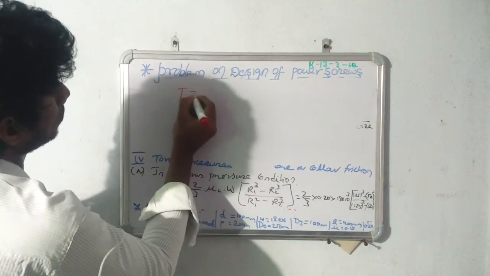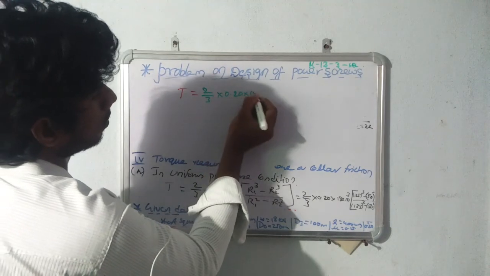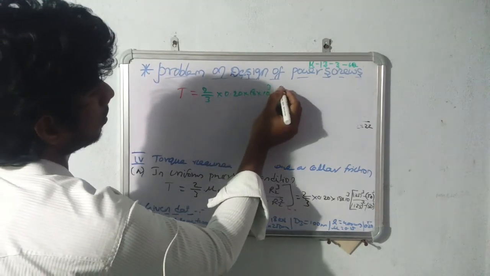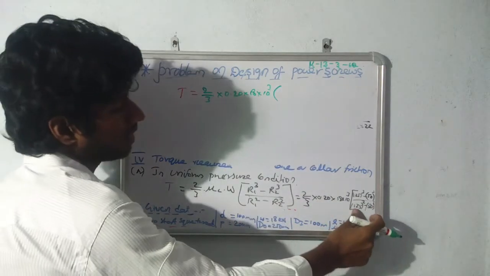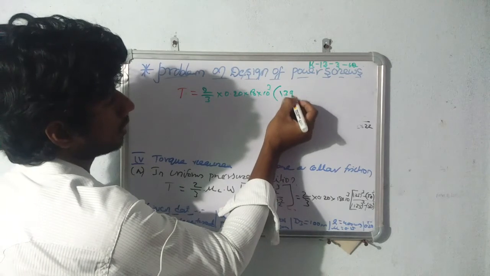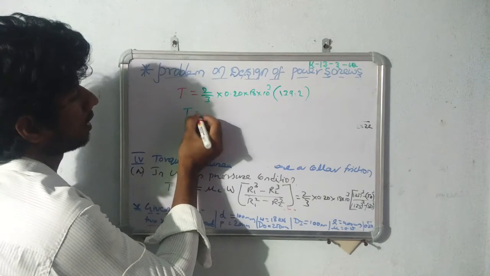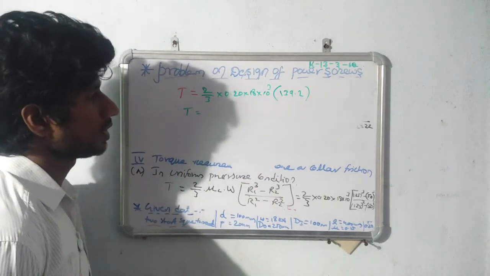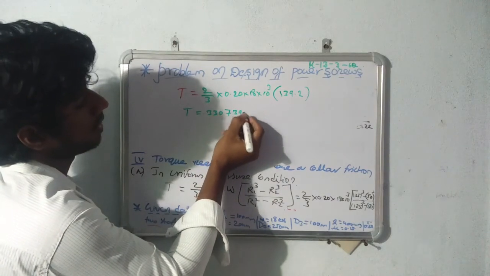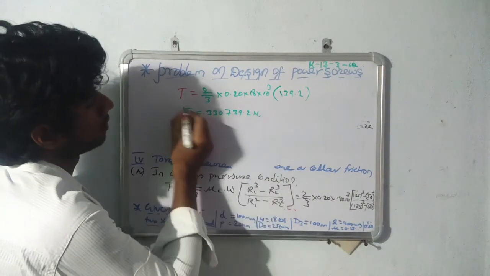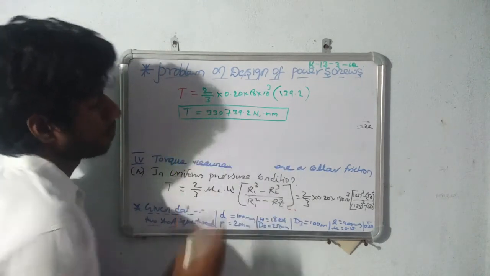T equals 2 by 3 into 0.20 into 18 into 10 to the power of 3, and by simplifying this we get 139.2. Ultimately, we get the value of T in the uniform pressure condition as 330,739.2 Newton. So this is the torque required in the uniform pressure condition.